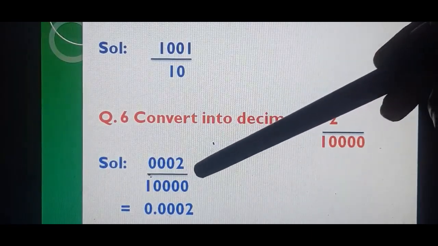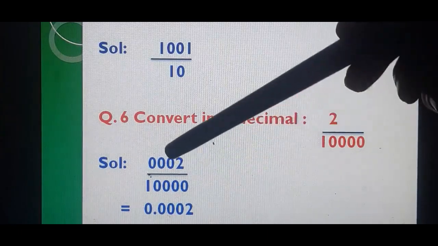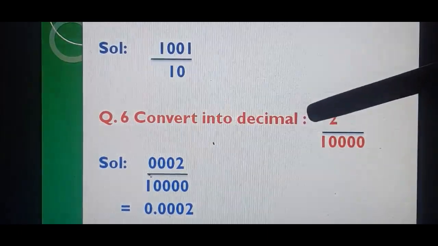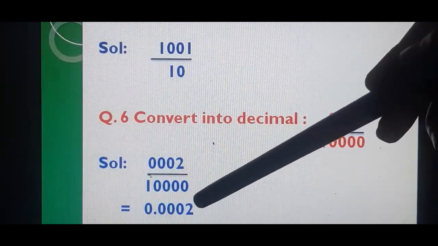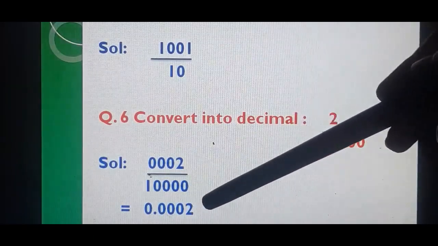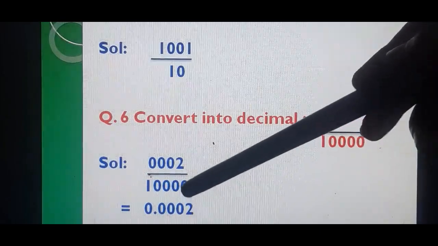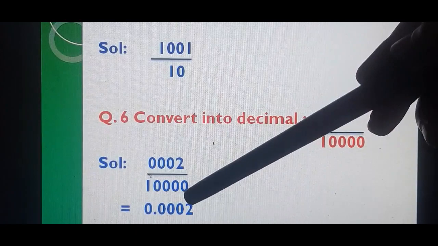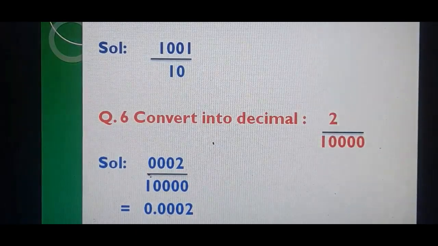If we put them after, it will become 2000. So we will put them before 2. 0002 upon 10,000 is equal to 0.0002. So 4 places, 1, 2, 3, 4, put a decimal. 0.0002 is the decimal form.